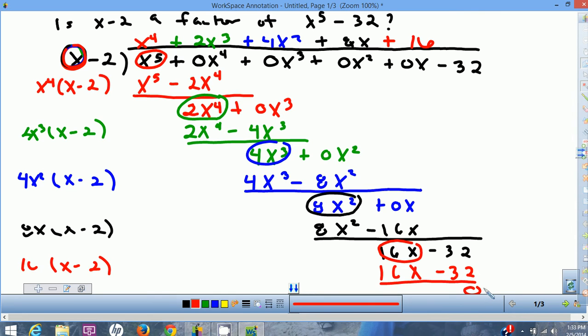So the answer to my question is yes, absolutely. x minus 2 is a factor of x to the 5th minus 32.